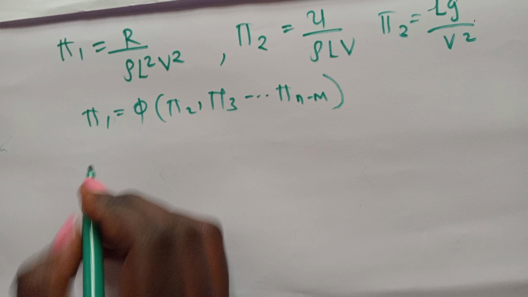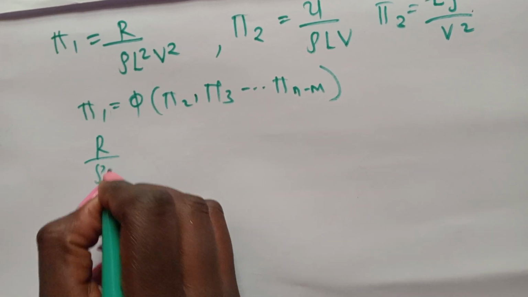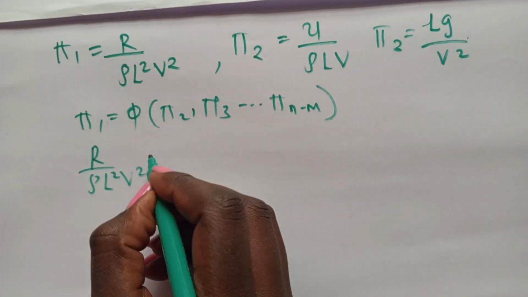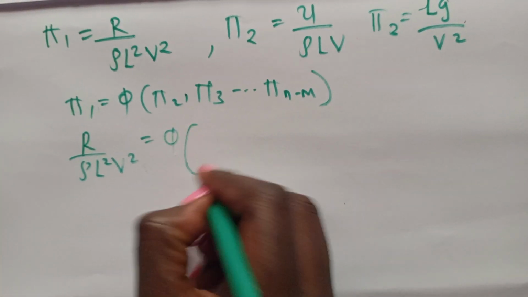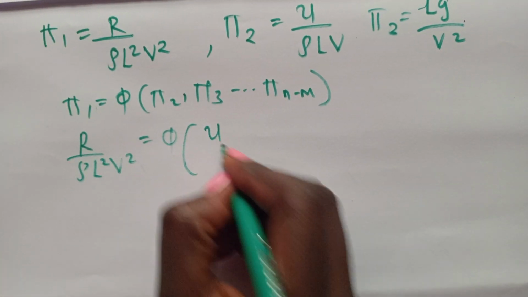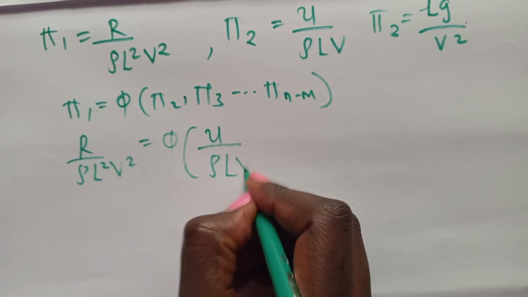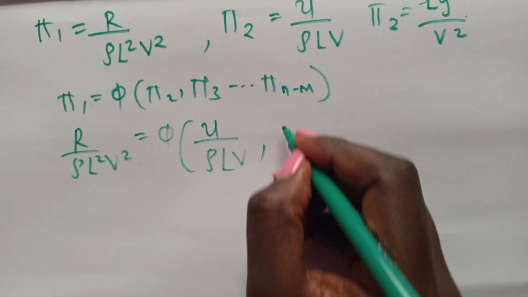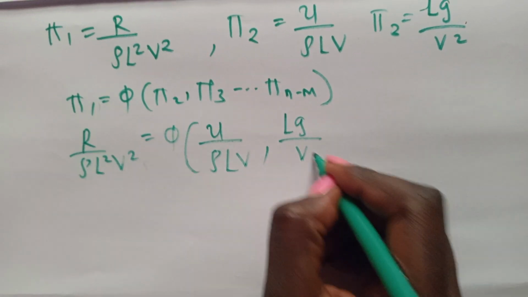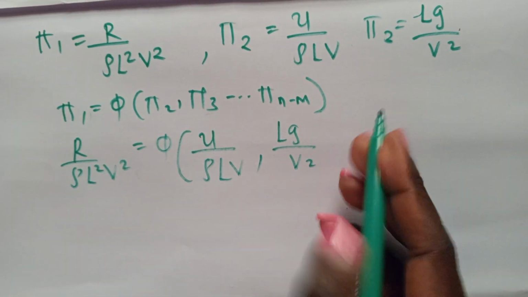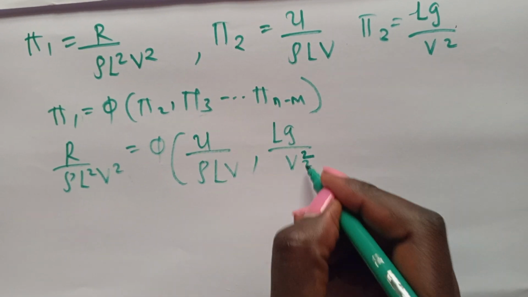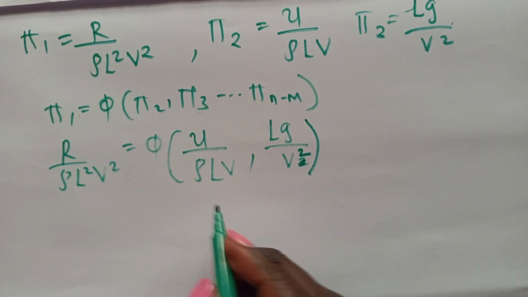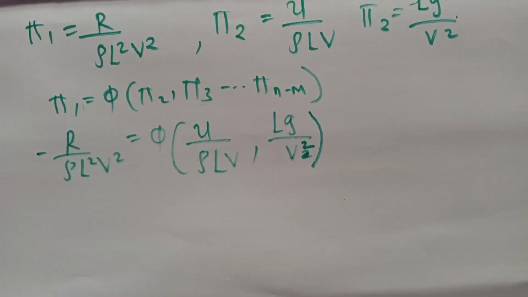So our pi 1 is R over rho L squared V squared, a function of our pi 2, which is mu over rho L V, and L G over V squared, which is our pi 3. So that is our equation.